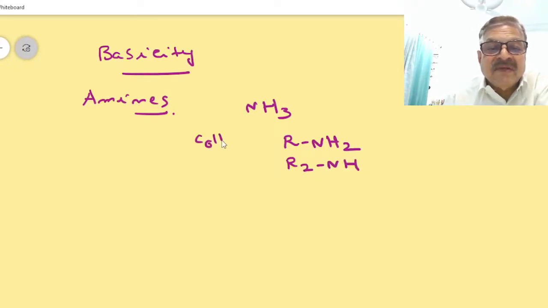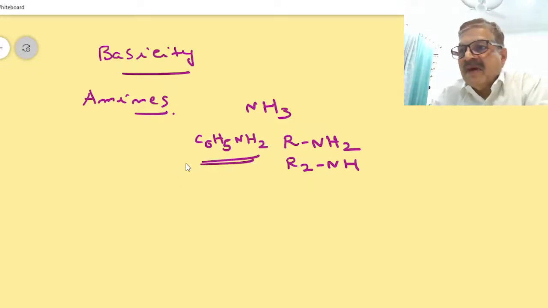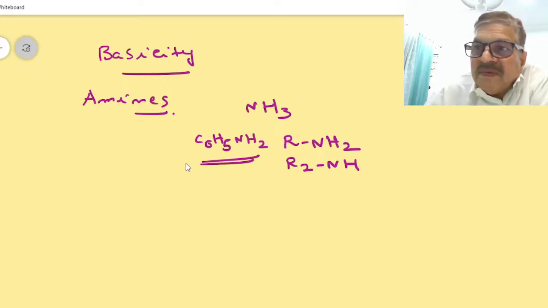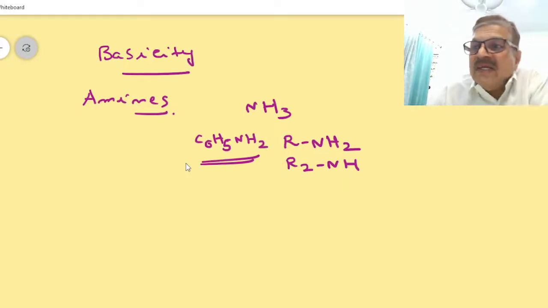We can replace it with a phenyl group, and we get an aryl amine. That is aniline. Like this. These amines are derivatives of ammonia, by replacing one or more hydrogen atoms by alkyl or aryl groups here.